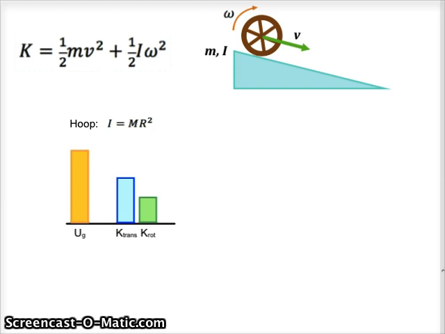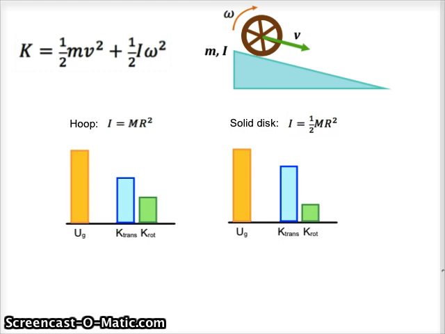Some of the energy is in the form of translational kinetic energy, and some is in the form of rotational kinetic energy. But if we look at the solid disk, it has a lower rotational inertia. And so the amount of energy needed to cause it to rotate is smaller. Therefore, the amount of energy available for translational kinetic energy is larger, and the object will travel faster down the incline.